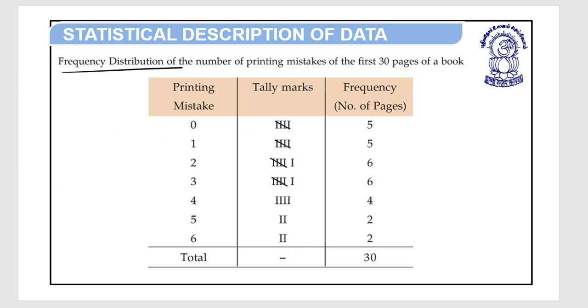Frequency distribution of the number of printing mistakes of the first 30 pages of a book. Printing mistakes 0 to 6.